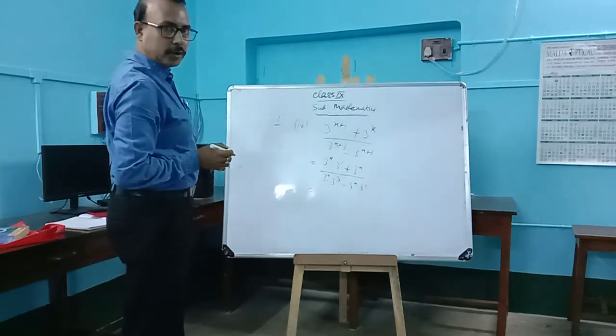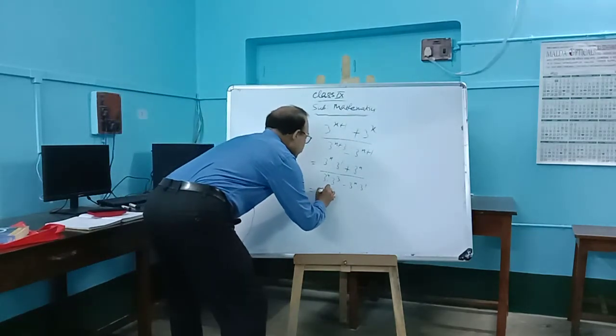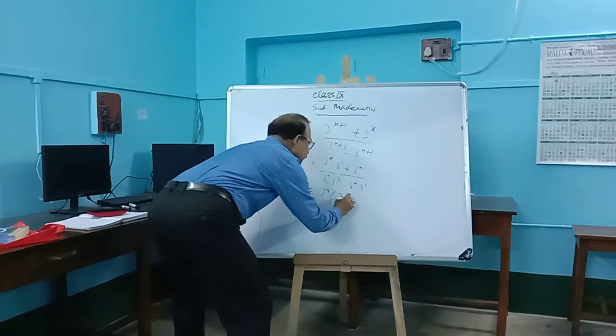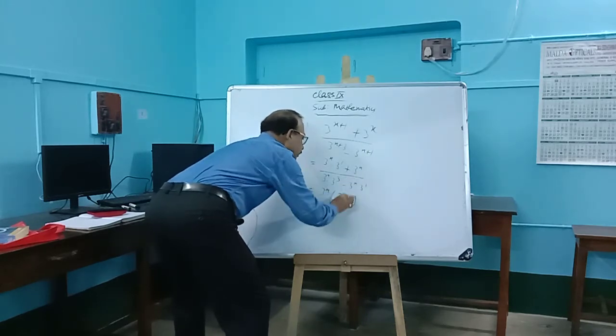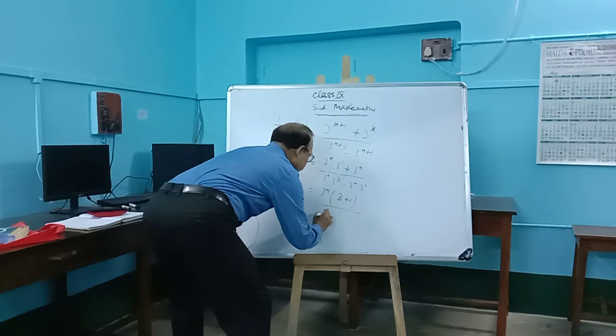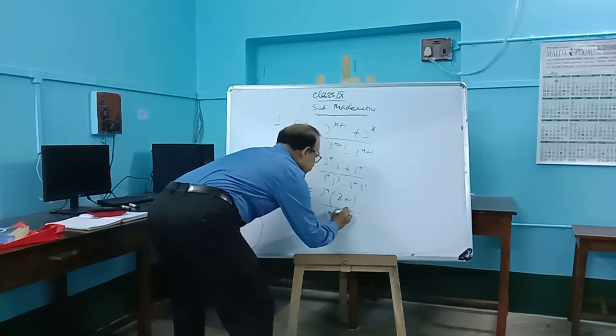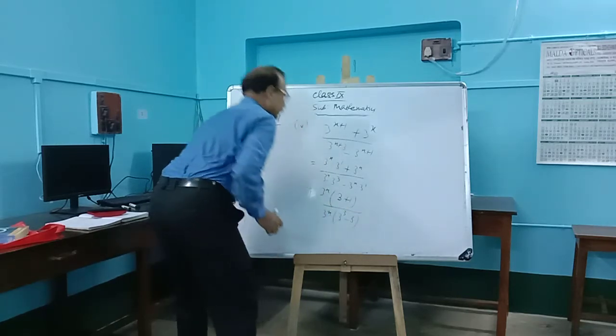Understand? Same base, power will be plus. From the numerator, what can we take common? 3 to the x. After taking common, 1 is there, by 3 to the x, 3 cube minus 3.